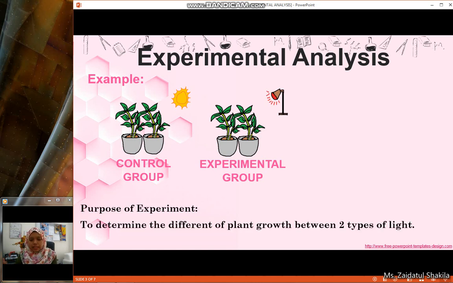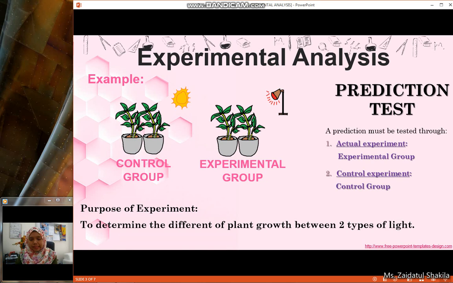The purpose of this experiment is to determine the difference in plant growth between 2 types of light. So we call this experiment a prediction test. A prediction must be tested against, number 1, the actual experiment, which is from your experimental group, and second, the control experiment, which is from your control group.